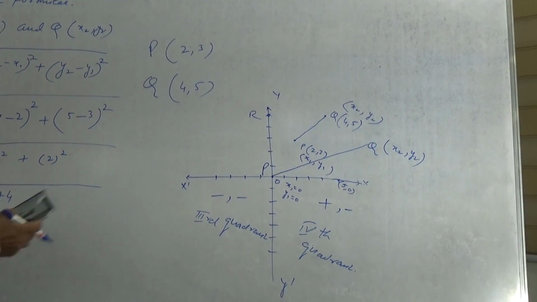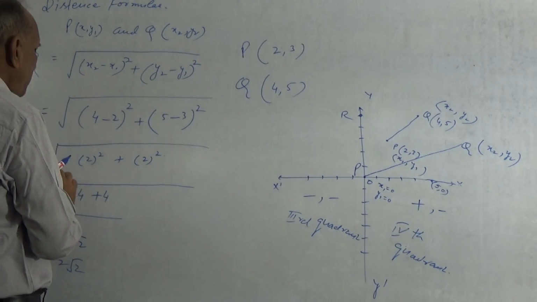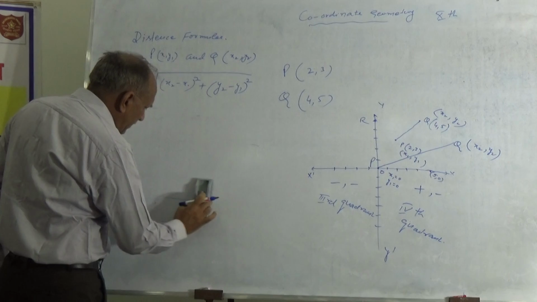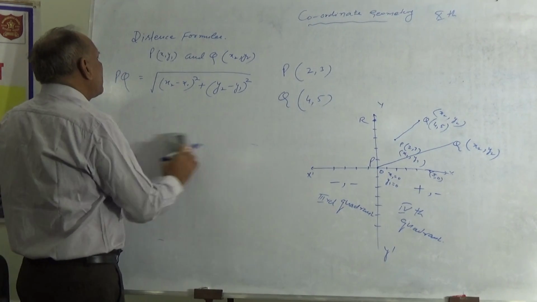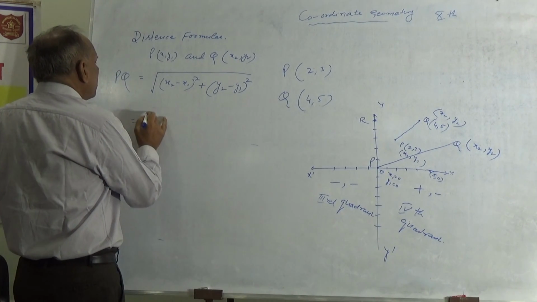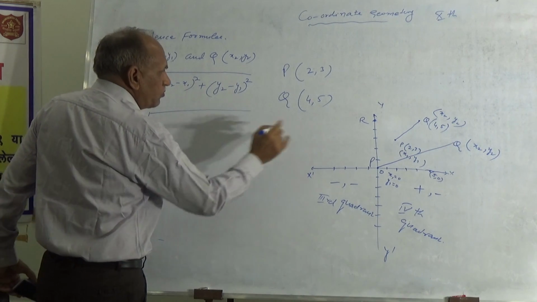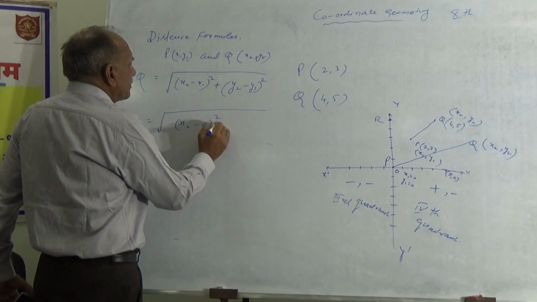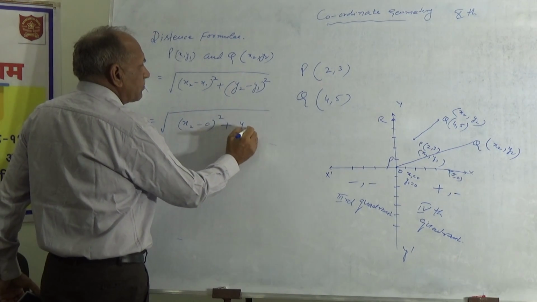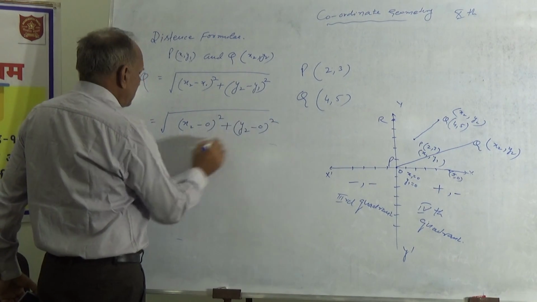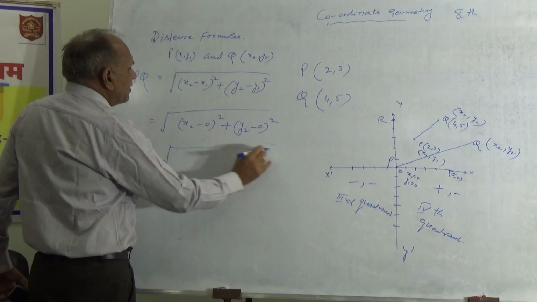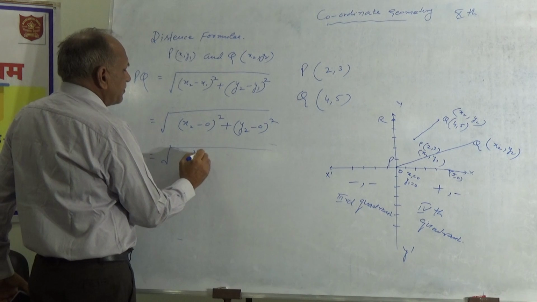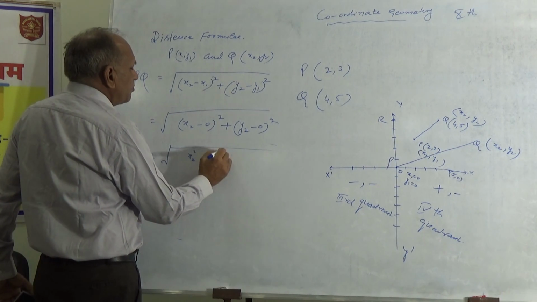If we put these values in the distance formula, we get x2 minus 0 square plus y2 minus 0 square, which is x2 square plus y2 square under root.